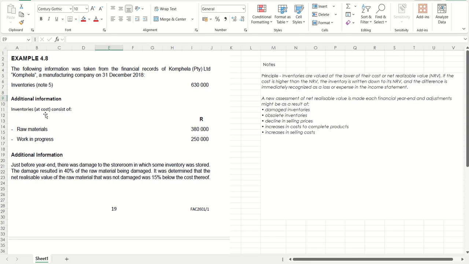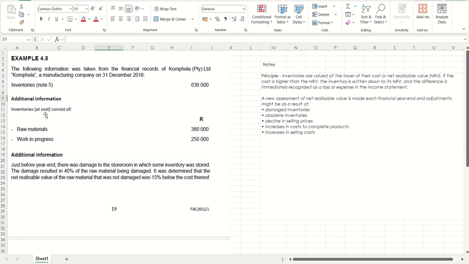Here we can see that we are in IAS 2 inventory territory. That is the bit of background we need to consider as we go through the information, so that we can pick up the key things we're going to need in structuring our solution. The additional information given is inventory at cost, which consists of raw materials and work in progress.